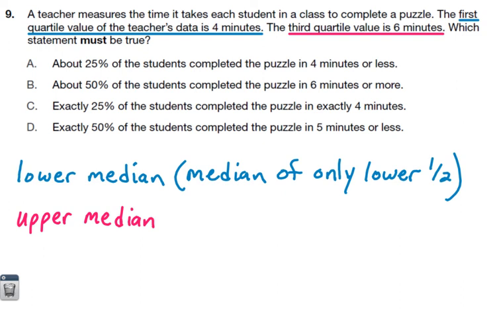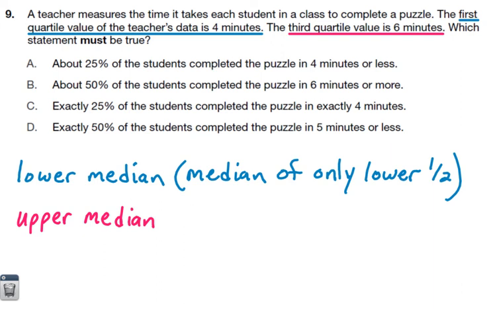So if you were to talk about a median, let's say the median was like 4.9 minutes. That would mean that exactly half, or roughly half, of the data was less than 4.9, and roughly half, if not exactly half, of the data is above 4.9.